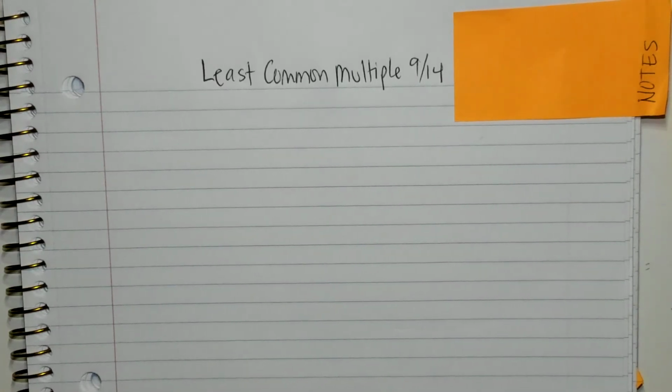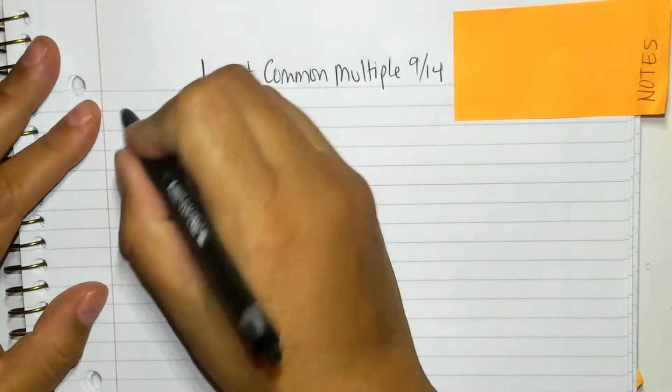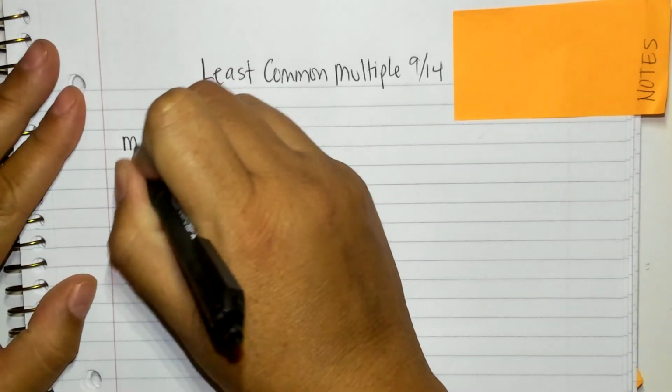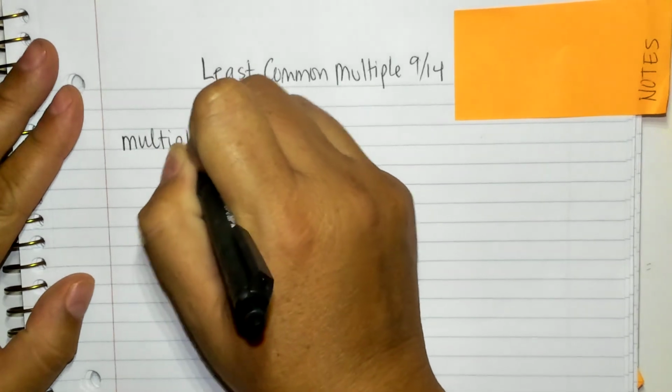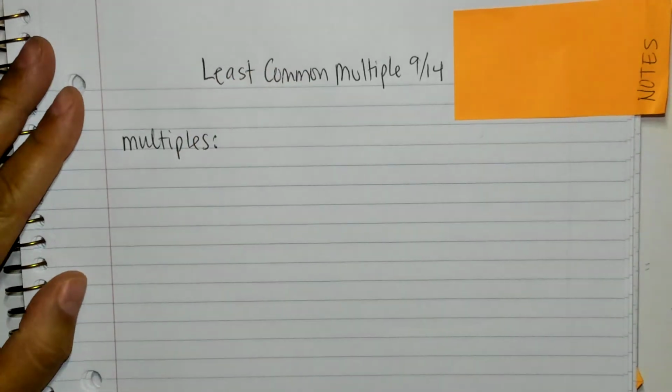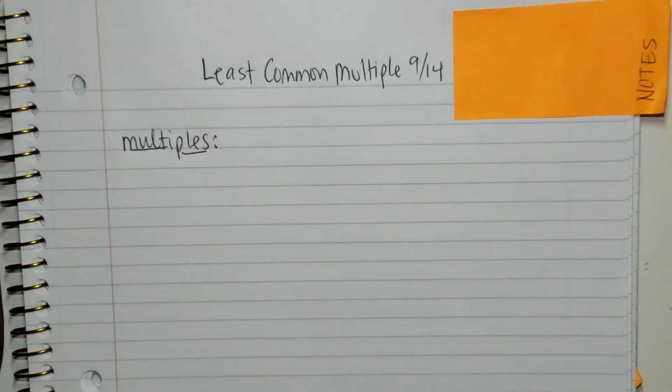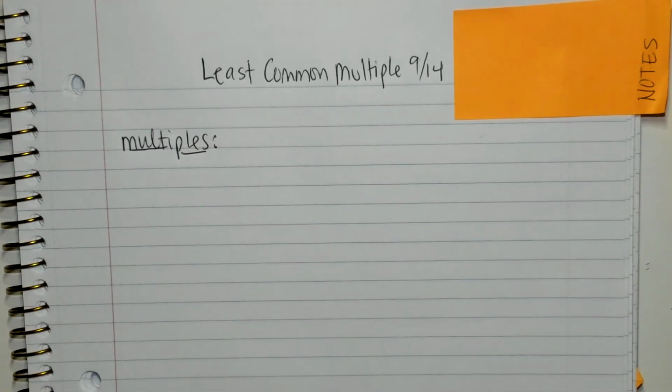So we're going to start off with a vocabulary term. Multiples, unlike factors, factors are smaller. So in order to remember what factors are, I think of a number, let's say 60 and 40.